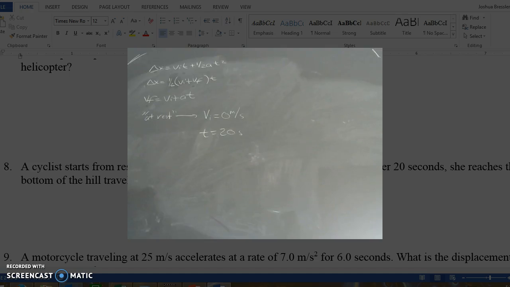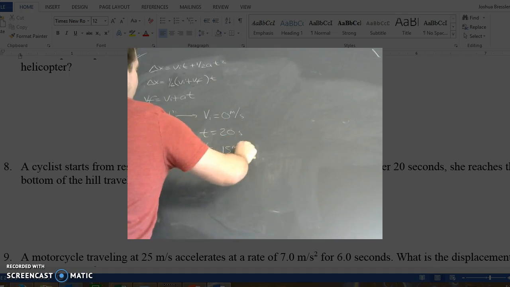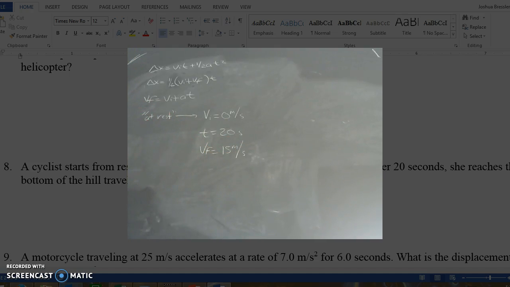She reaches the bottom of the hill traveling at a speed of 15 meters per second. I can tell that this is our final velocity, because of how it's written. And it then asks us once again, how far? So that is going to be asking for us to solve for delta x.